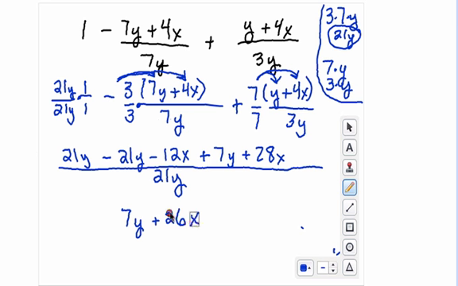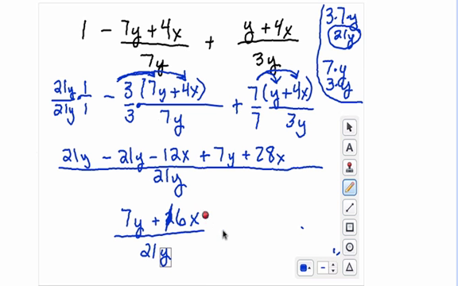Oops, excuse me, 16. And that's all going to be over 21y. Okay, so we can't factor out anything up here in the numerator of our fraction, so we're not going to be able to simplify anything here.